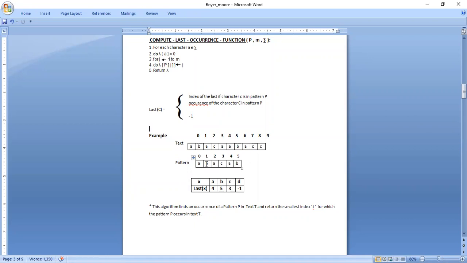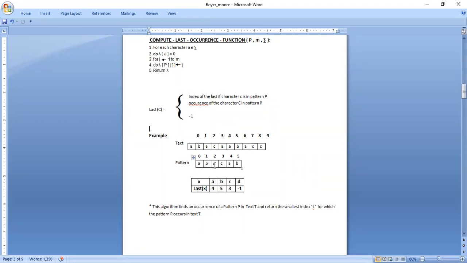In my given pattern, A occurs 3 times: at index 0, index 2, and index 4. So the last of A, I am going to take as 4.